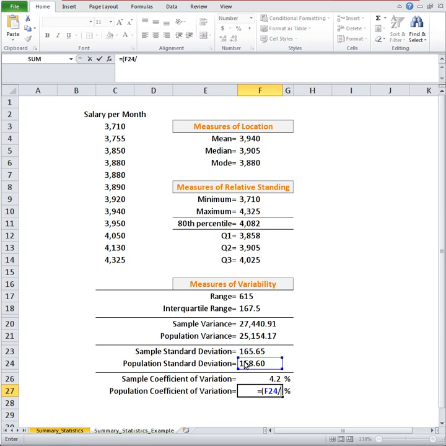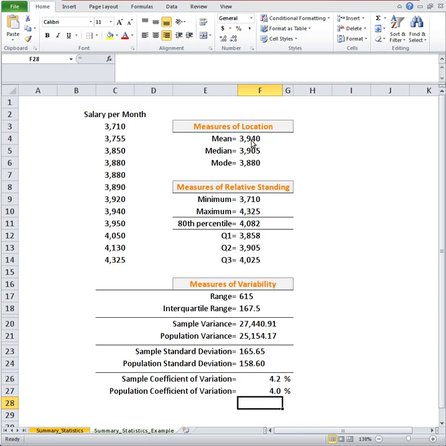But remember that the population mean and the sample mean are the same, so I will just divide by the same number. And then I close parentheses and multiply by 100. So if I do that, I'll get the population coefficient of variation, which is going to be 4%.